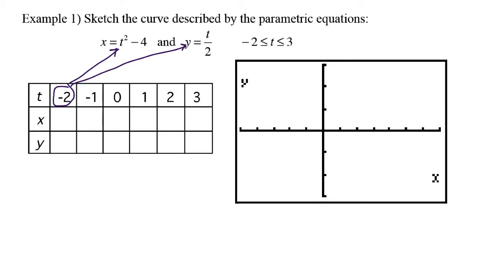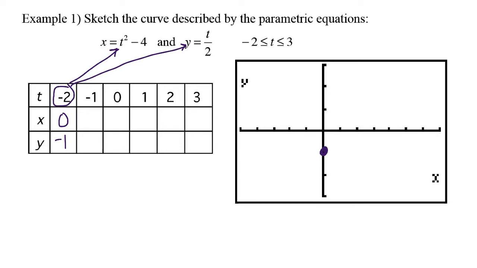So if I plug in -2, I get -2 all squared minus 4. So that's going to generate a 0 for us. And if we plug in with the y function, we get -1. So our first point that we're going to have is 0, -1.